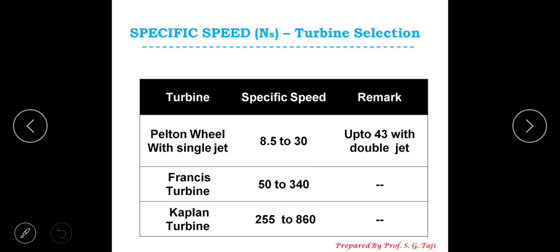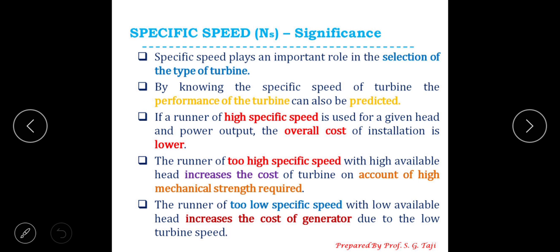Suppose in a numerical problem it is asked which type of turbine it is, you first have to calculate the specific speed. If it lies between these two values, say for example you get an ns value of 185, then since this is between 50 and 340, you have to write that the turbine is a Francis turbine. That's all. You will get marks, and you will have knowledge. I mean, marks means knowledge.